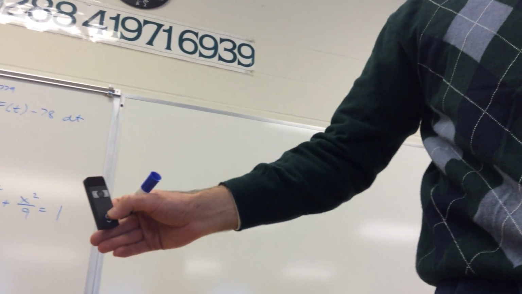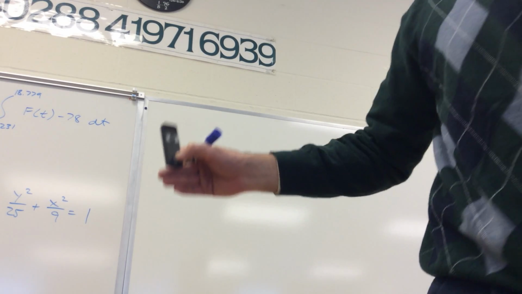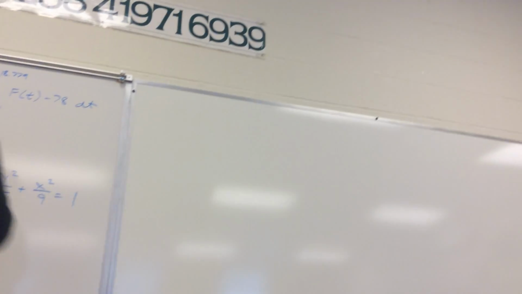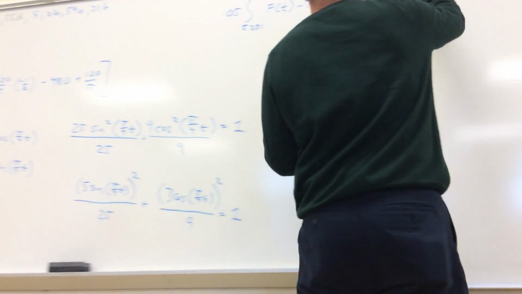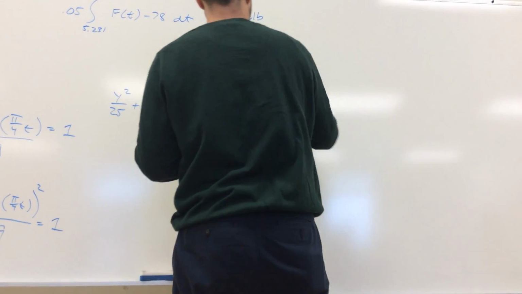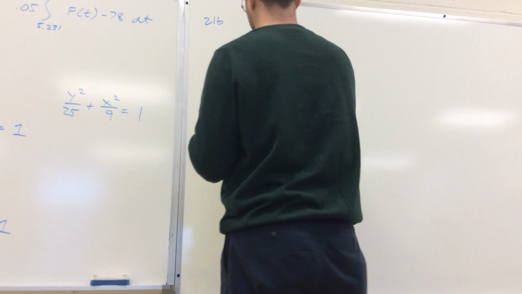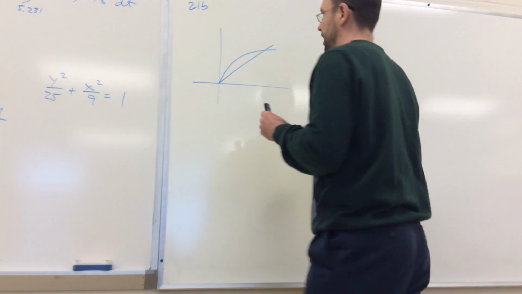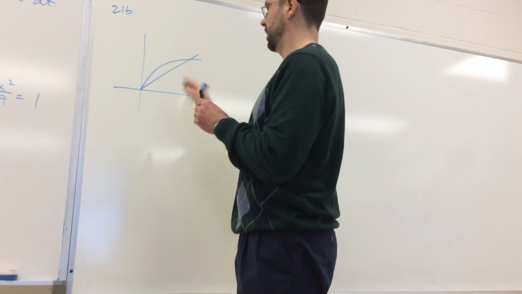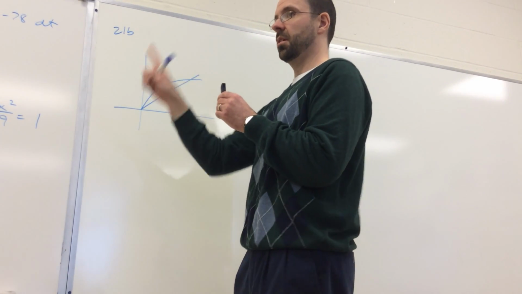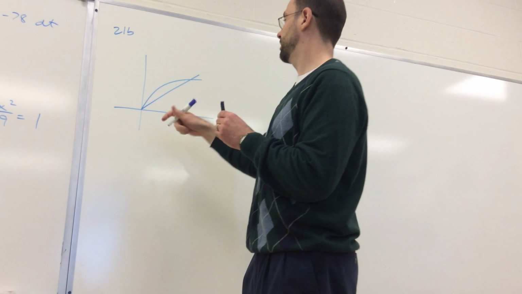Yes, there we go, we're on 21B. So on 21b, we've got a parabola, y squared equals 4x, and we're rotating around the y-axis, right? Okay, so rotating this way, so we need to cut like this.